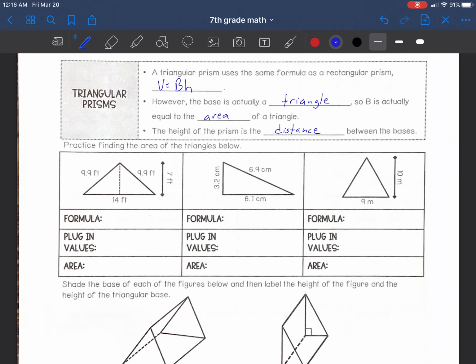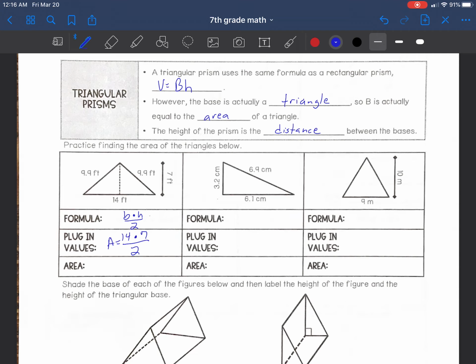So if we remember, our formula for area of a triangle is base times height divided by 2. Let's plug in our values. So area, let's see, our base would be 14. Our height would be 7. And then we would divide by 2.